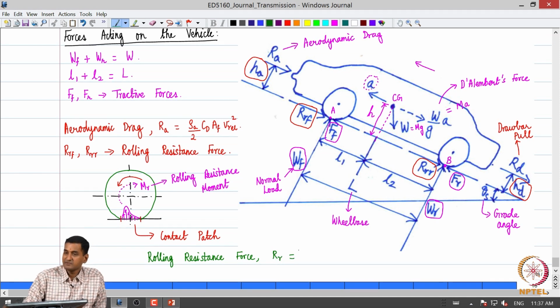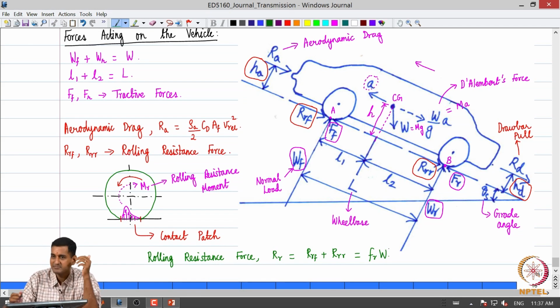So R subscript R is the total rolling resistance force, which is the sum of this RRF and RRR. The additional subscripts F and R denote front and rear respectively. And typically this R subscript R is taken as FR times W, okay.